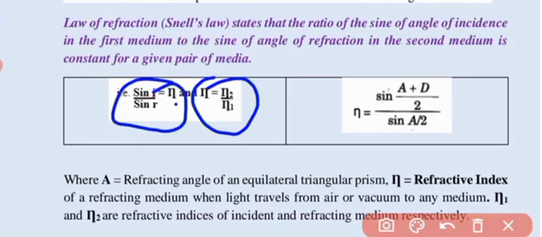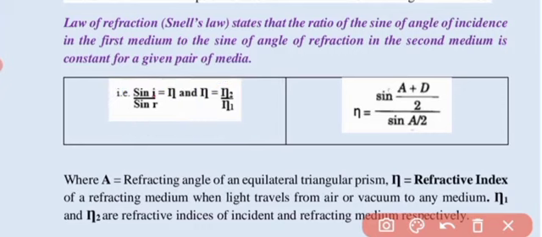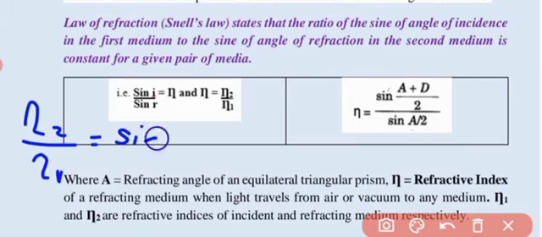But the actual equation for this statement is the refractive index of where the light is going to, that is the refractive medium, over the refractive index of the incident medium, equal to the sine of the angle of incidence over the sine of the angle of refraction. That is the original equation.